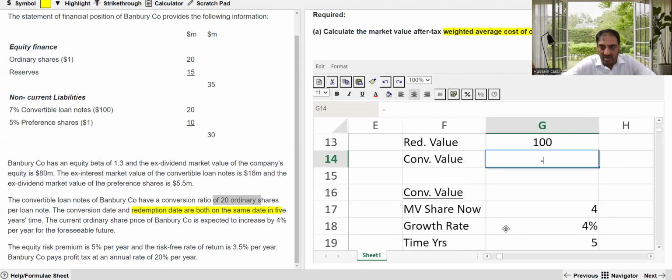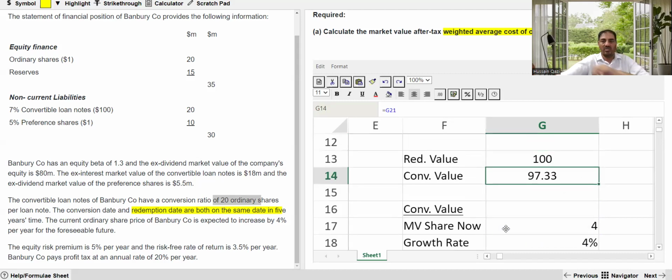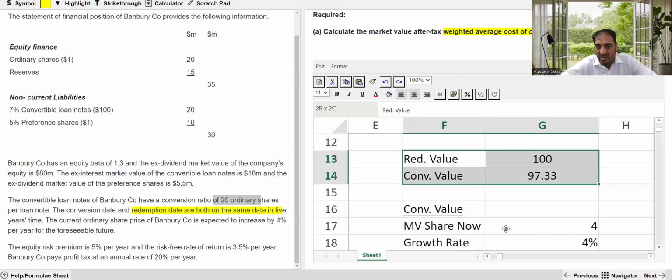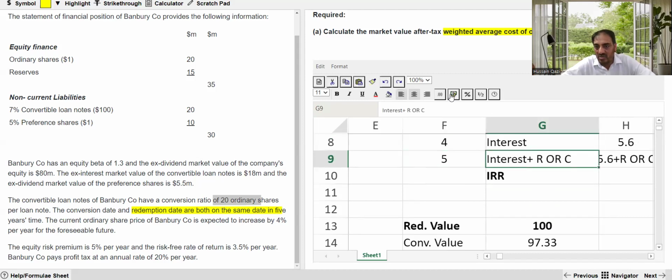Don't worry, these sheets are available to you. The redemption value is 100 and the conversion value is 97.33. So the higher one is the redemption value, so take the higher value.